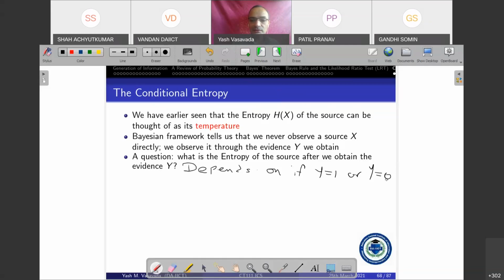The posterior, if y equal to 1, the parameter changes from q to q prime. Remember, this q prime is the notation that we introduced last time. And we said that for the diseased case, the q was 0.01. And then after the test came out positive, it became 0.16.